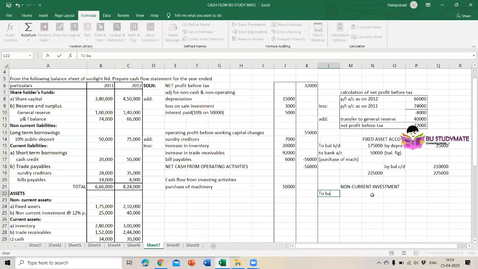How much? 25,000. Then we have the closing balance. How much? 40,000 rupees.